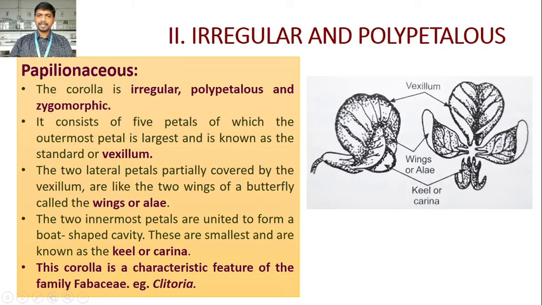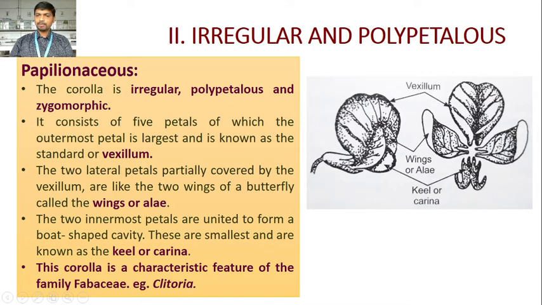The 2 lateral petals are partially covered by the vexillum, and are like the wings of a butterfly, called the wings or ali. So these 2 lateral petals which are partially covered by the vexillum look like the 2 wings of a butterfly, so they are called the wings or ali.